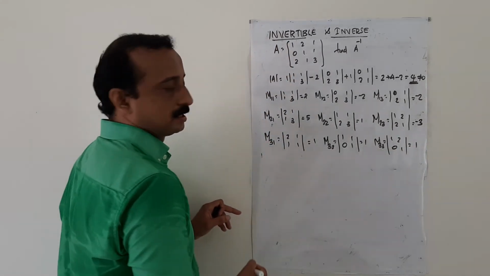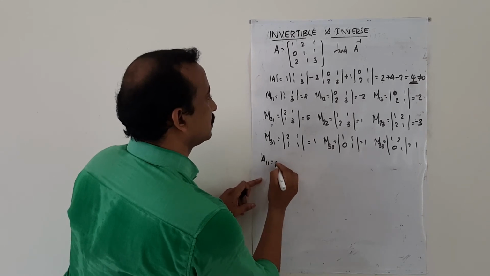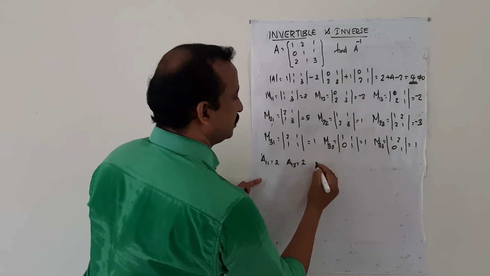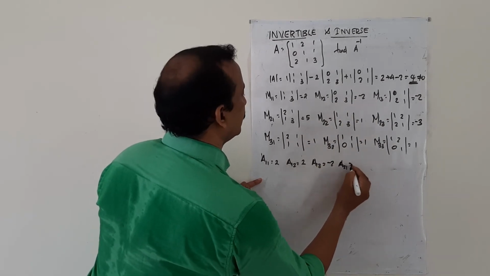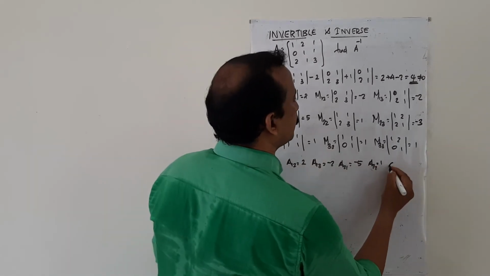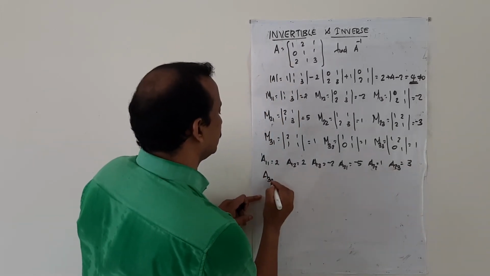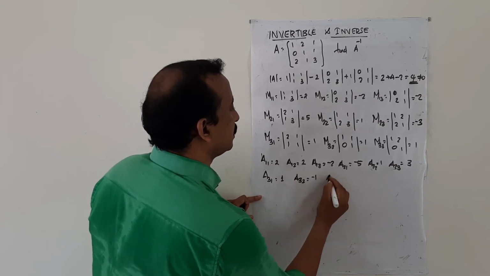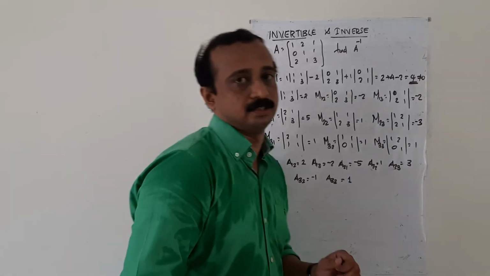And therefore the cofactors are: A11 is 2, A12 is 2 after the sign change, A13 is minus 2, A21 is minus 5, A22 is plus 1, A23 is plus 3, A31 is 1, A32 is minus 1, and A33 is again plus 1, with alternate sign changing.